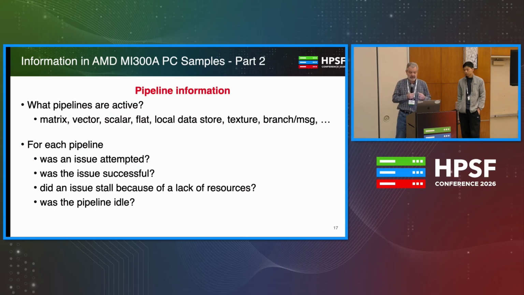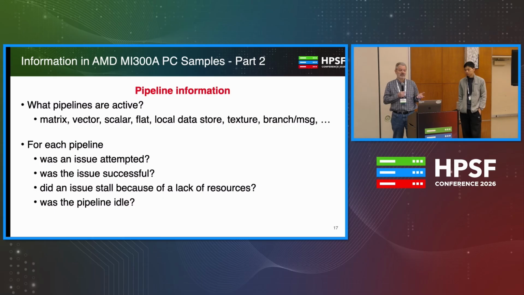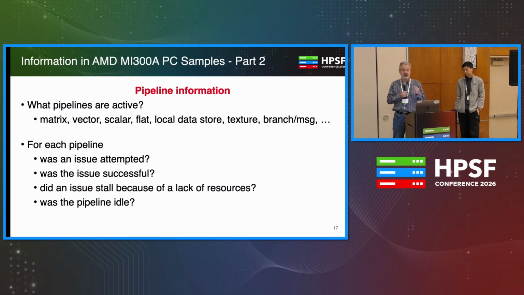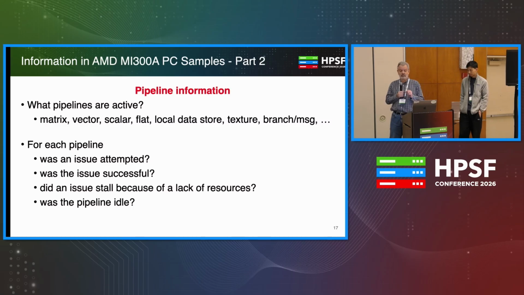We also get information about the pipelines. Are the pipelines active? There's the matrix pipeline, vector pipeline, scalar pipeline, flat memory accesses, local data store accesses, texture memory, and also branches and this messaging facility.